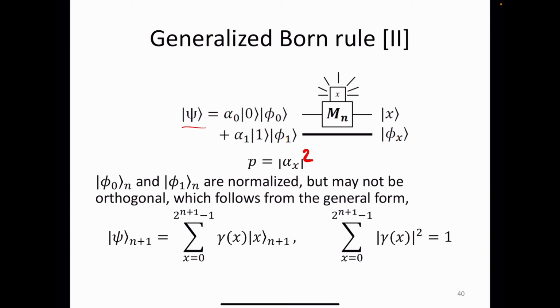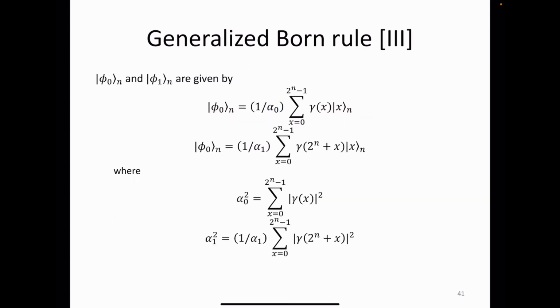Then for phi sub 0 sub n and phi sub 1 sub n, these ones are normalized but may not be orthogonal, which follows from the very general form that we see here on the bottom, where we have our probability amplitudes gamma of x associated with each of the possible x sub n plus 1 states here, subject to the normalization condition as always.